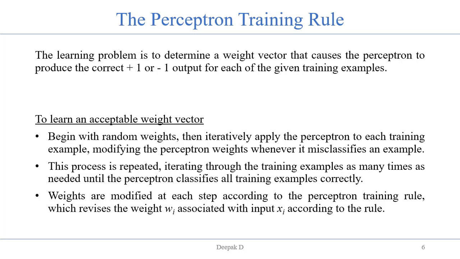Let's try to understand how to learn the weights for a single perceptron. The goal of the perceptron training rule is to determine a weight vector that causes the perceptron to produce the correct output, either +1 or -1, for the given training examples.